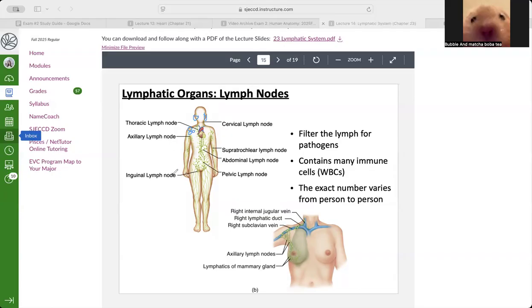So lymphatic vessels are bringing lymph over to it, and there are no blood vessels that bring blood to the lymph nodes. But the lymph node is still an organ and needs a blood supply, so lymph node tissue also needs oxygen. In addition to lymphatic vessels, it will also have blood vessels to bring blood. So basically, these guys are making sure there are no pathogens. We're going to fight off the pathogens. They have immune cells in them.